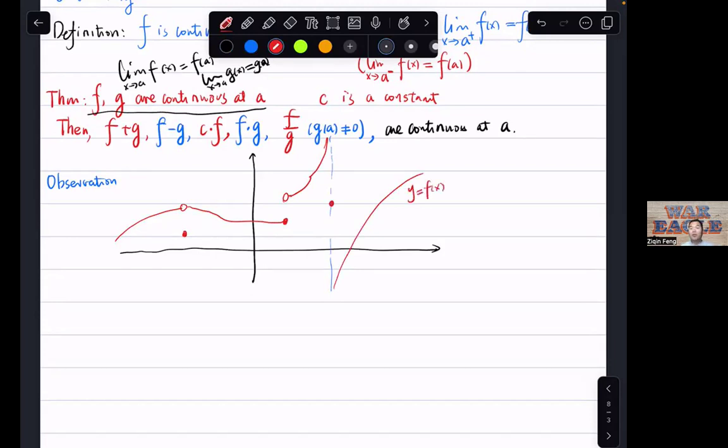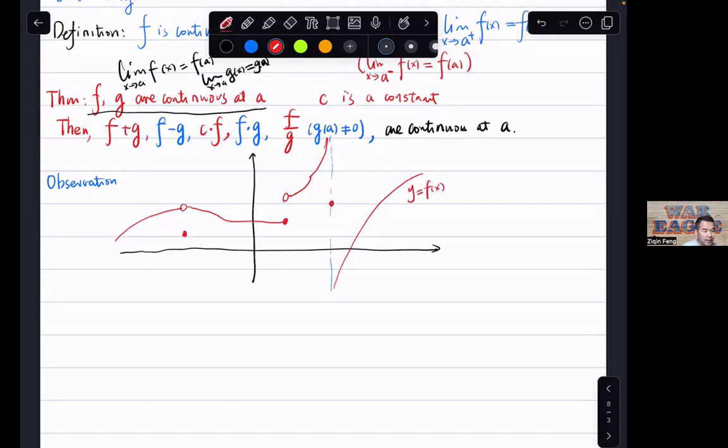So this includes all the possible points in the domain, which means f of a exists, but the function is not continuous.